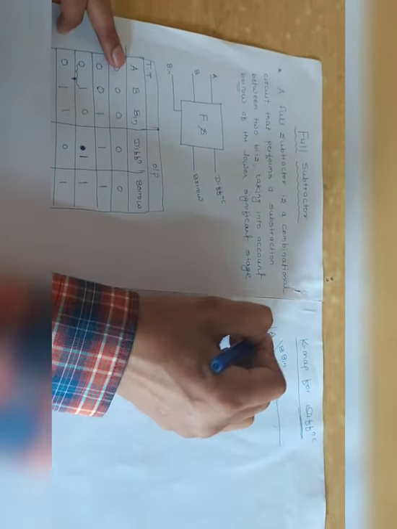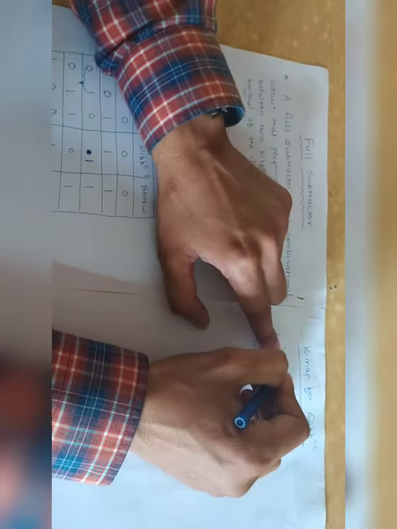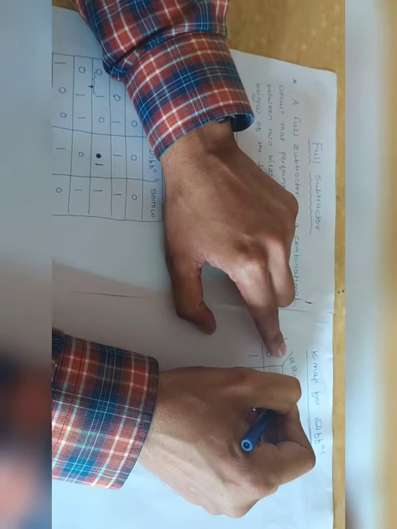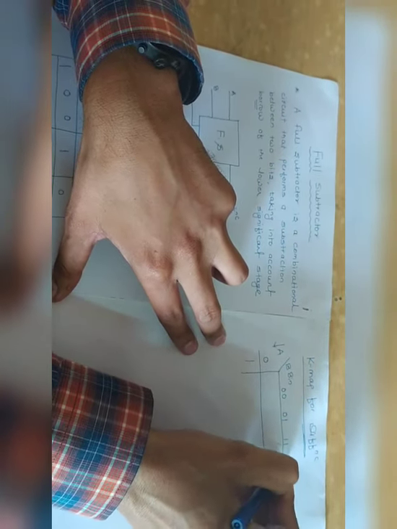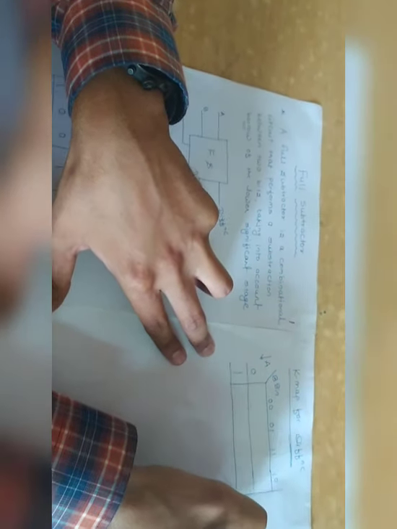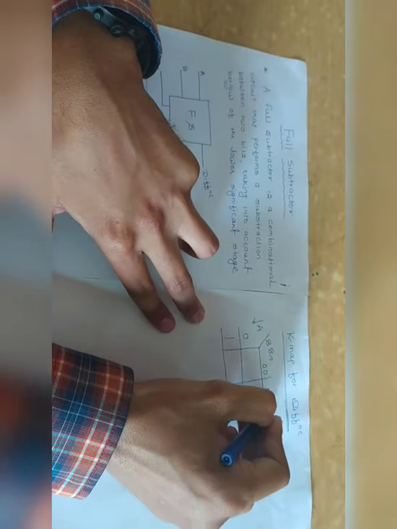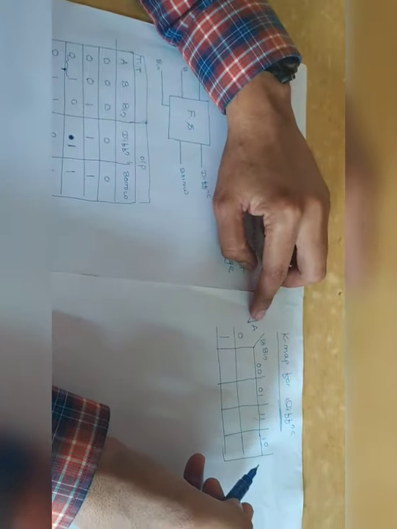Now A is 0 or it may be 1. Now B in may be 0 or 1. You have to just add 1 1 before the 1 0. Okay, everyone knows how to draw the K map. Now this is your simple 3 variable K map. Why am I choosing 3 variables? Because there are 3 inputs, so that's why.